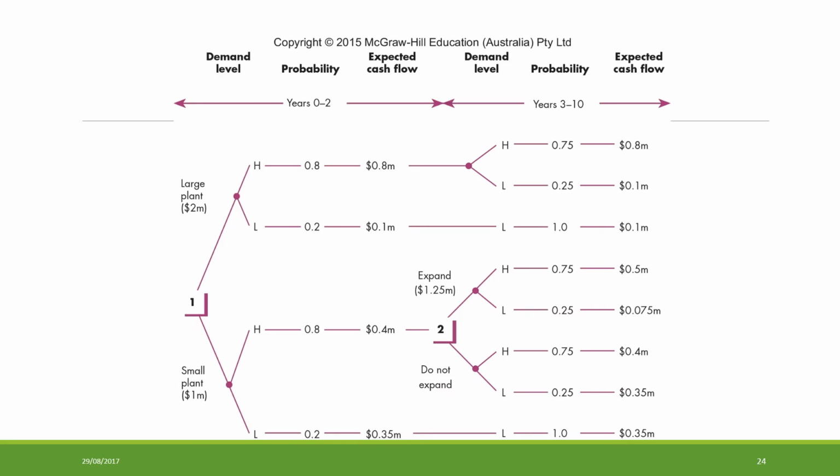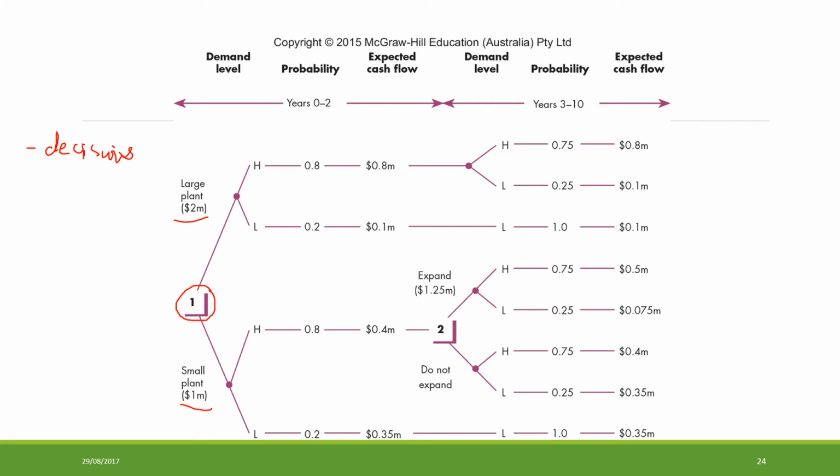So using the information that we have from before, how do we build a decision tree? Firstly, we have to look at what decisions we have to make. In this case, I have two decisions to make. At time 0, I have to choose to either go for a large plant or a small plant.